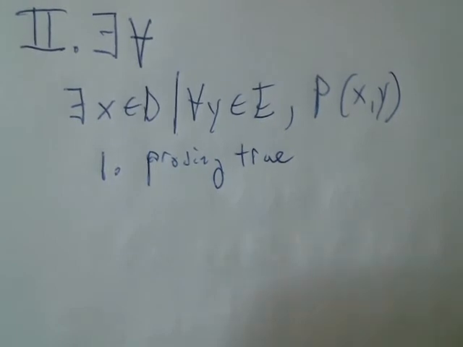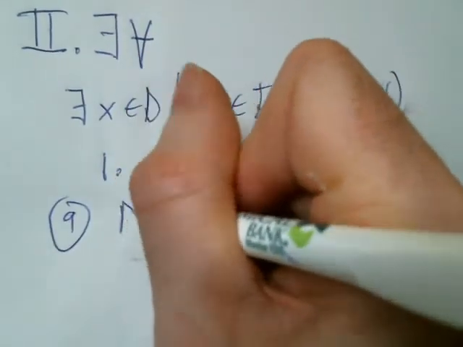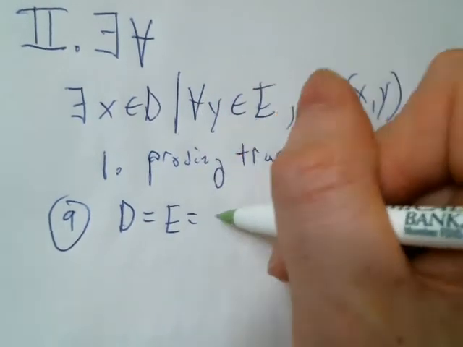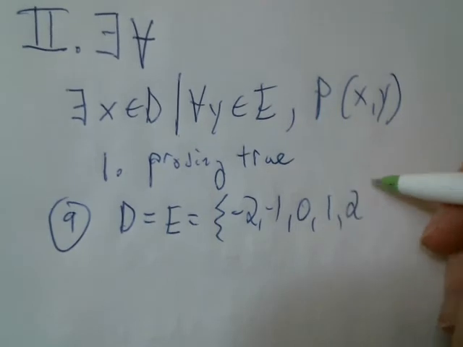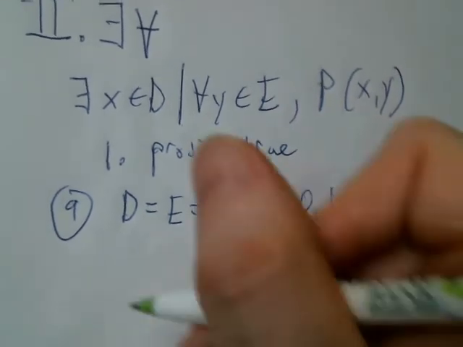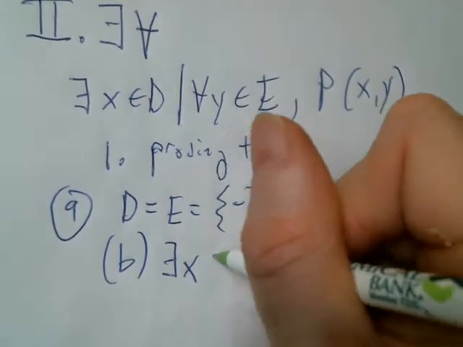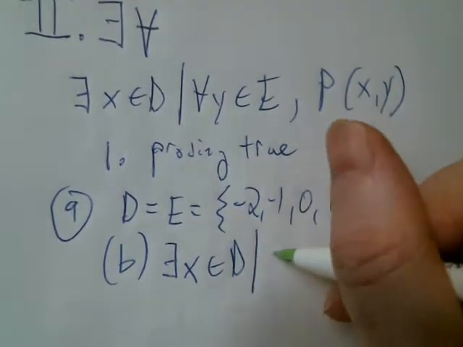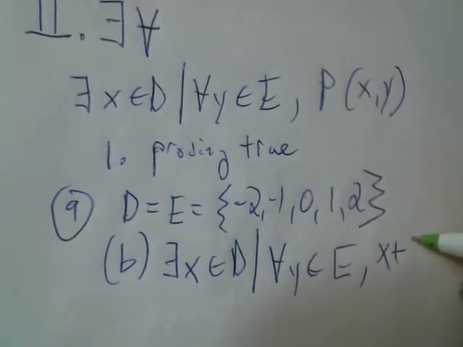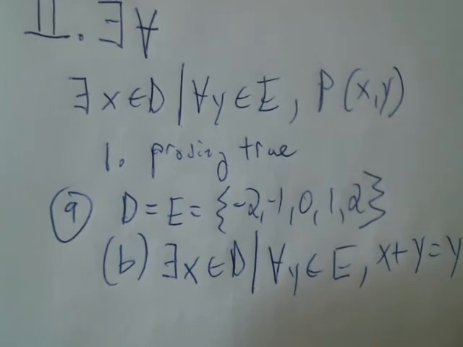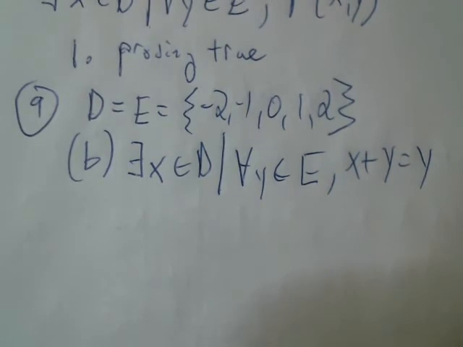And in particular, let's look at number 9. So number 9, again, we have D equals E equals -2, -1, 0, 1, and 2. Okay. And then part B, they want us to prove that there exists an x in D such that for all y in E, x plus y equals y. Okay, so again, we could do this table thing.